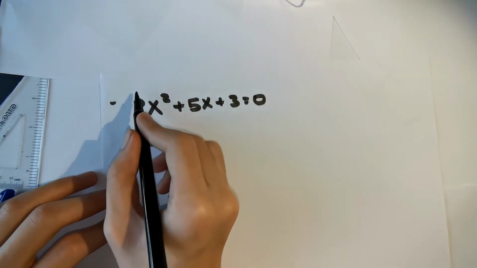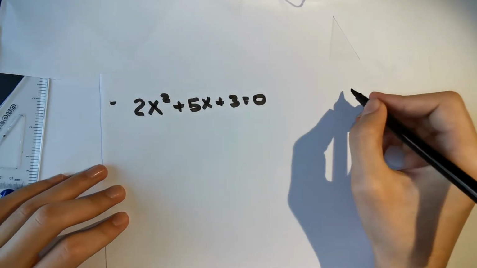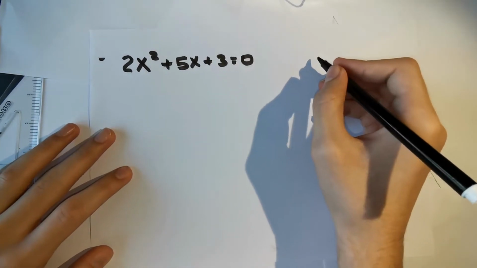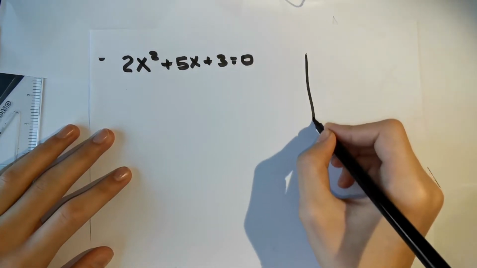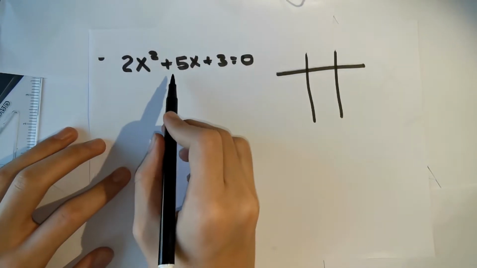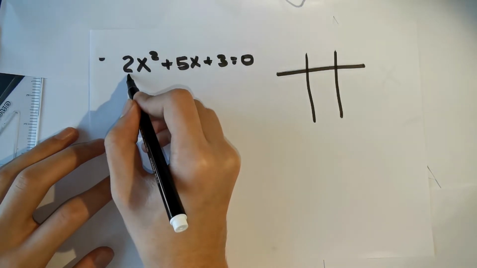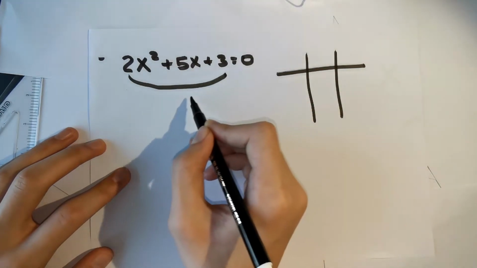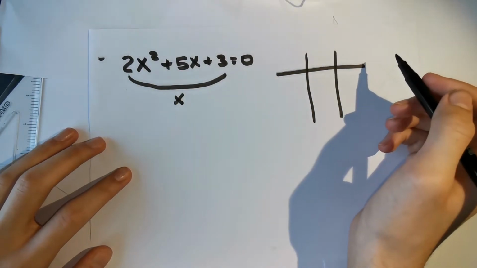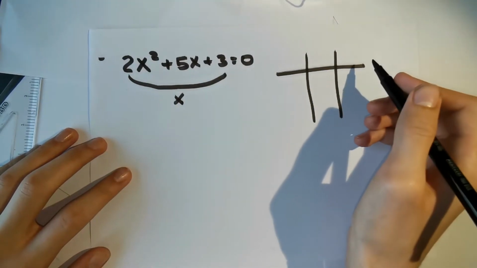When a is not equal to 1, so it's any other number, we have to factorize by grouping. And the way we do that is we find the numbers that multiply to give the product of a and c, 2 and 3. So in this case we need two numbers that multiply to give 6 and add to give 5.